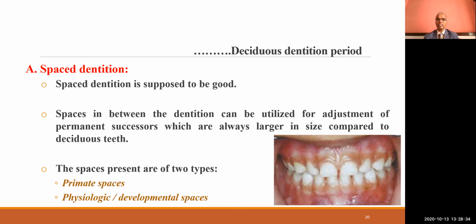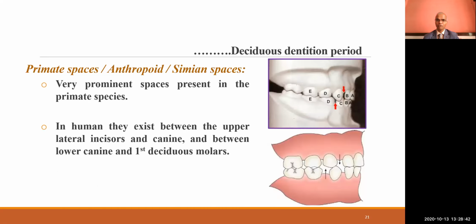The spaces present are of two types: one is primate space and the other is physiological or developmental space. First, primate space is also called anthropoid space or simian space. It is a very prominent space in primate species, so it is called primate space.